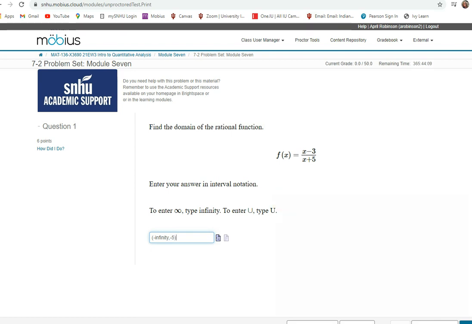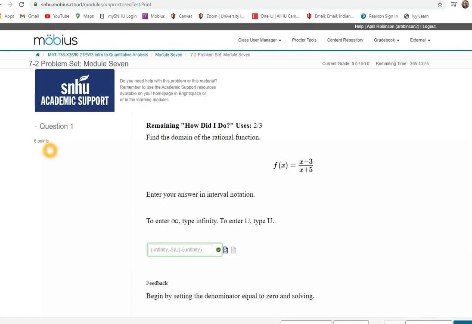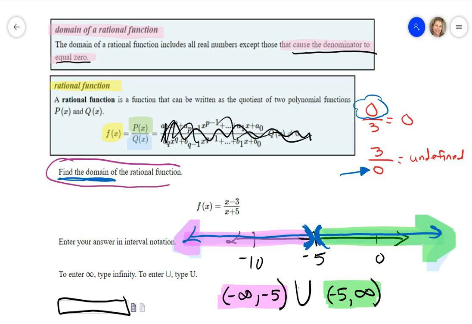To enter the union symbol, type a capital U, and then parenthesis, negative 5, comma, infinity, parenthesis. And how did I do? Yay! So that's how it's done. Hope that makes sense. And have fun with whatever they give you.